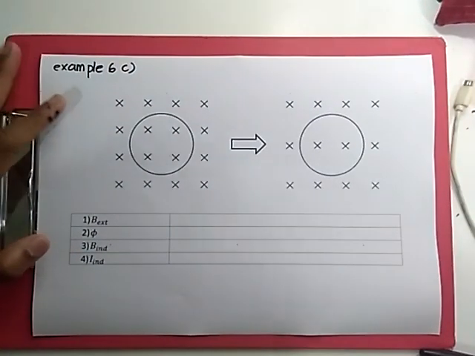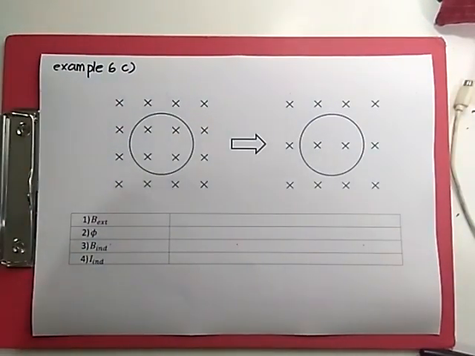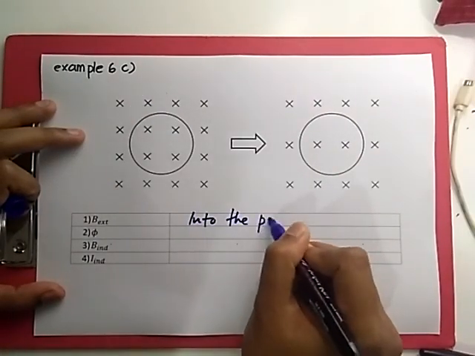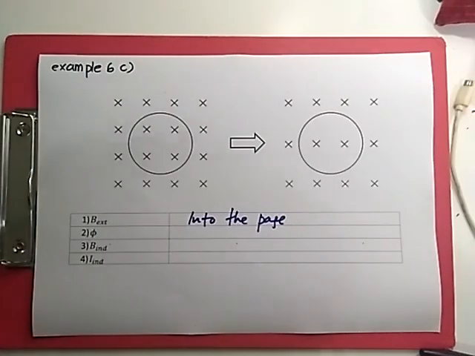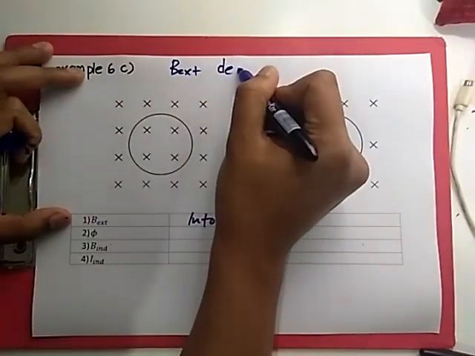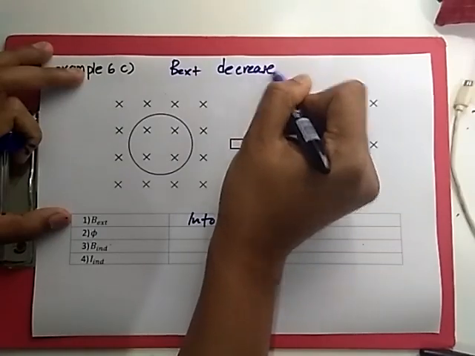Manakala soalan 6C, the external magnetic field points into the page and its strength is decreasing. So, B external decrease.